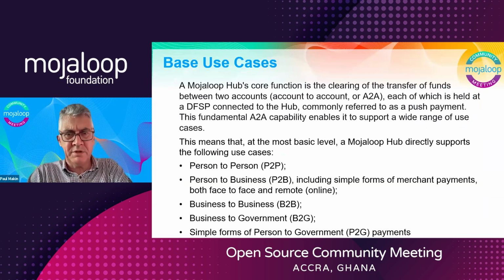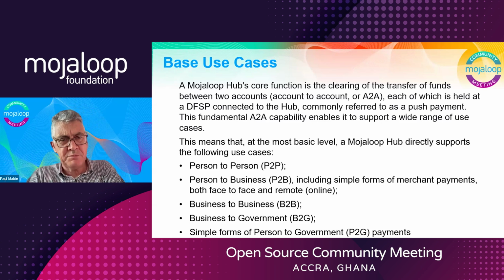This assumes that each account is held at a DFSP connected to the hub. The movement of funds from one to the other is what we commonly refer to as a push payment. Mojaloop doesn't actually do pull payments, but there are workarounds to that. It's a fundamental precept that we only do push payments, putting the control in the hands of the individual that is being debited.